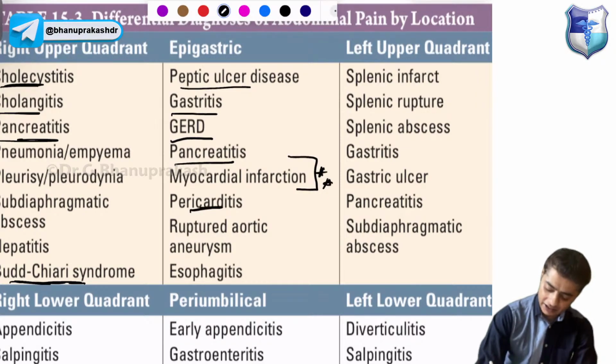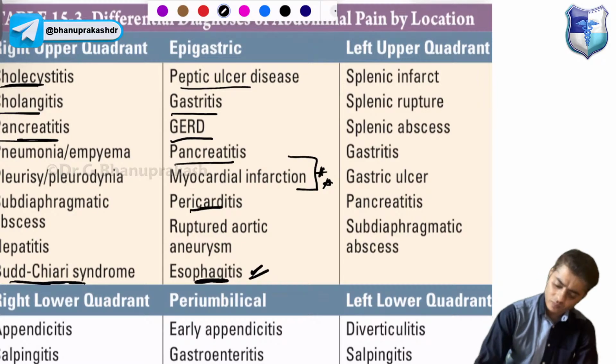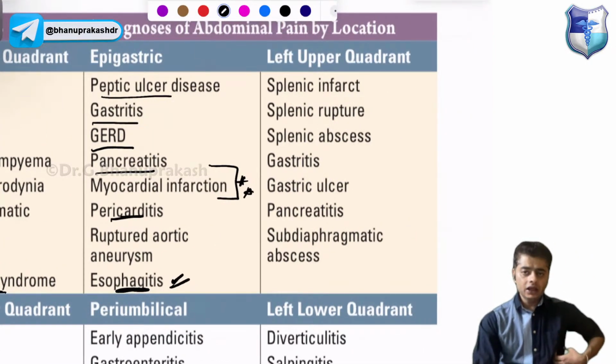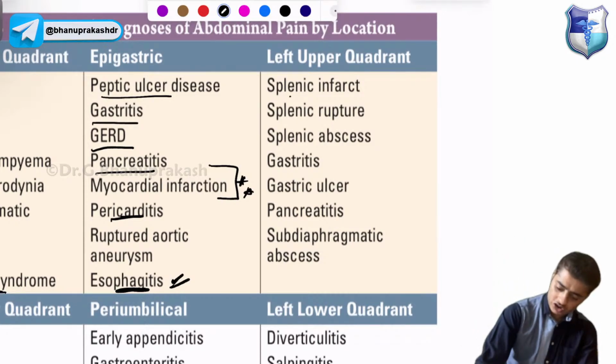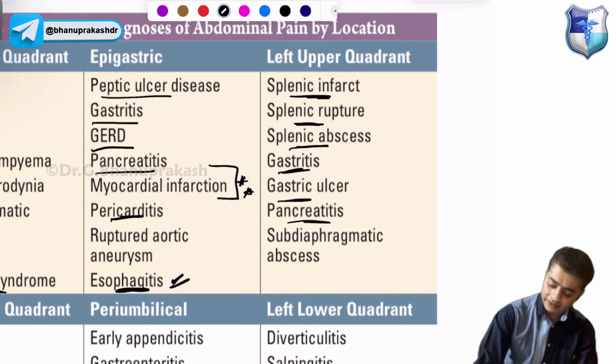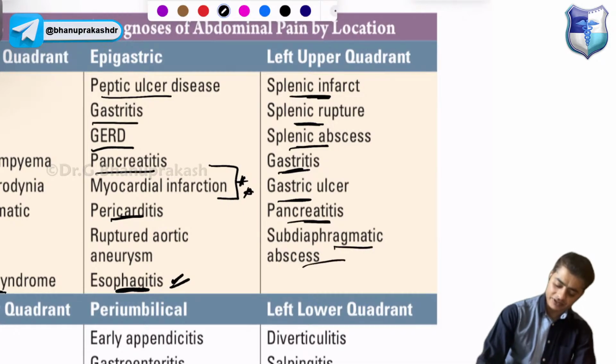Also pericarditis and esophagitis. When we come to your left upper quadrant, there is your spleen and some part of your stomach. So, splenic infarct, splenic rupture, splenic abscess, gastritis, gastric ulcer, pancreatitis, and subdiaphragmatic abscess.